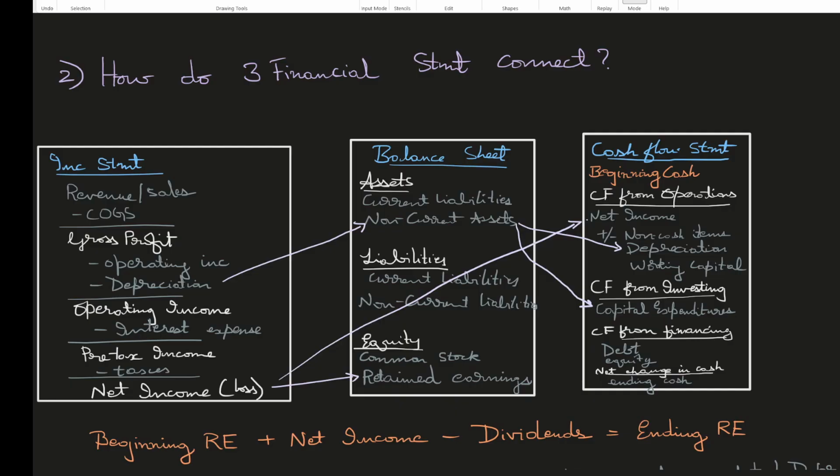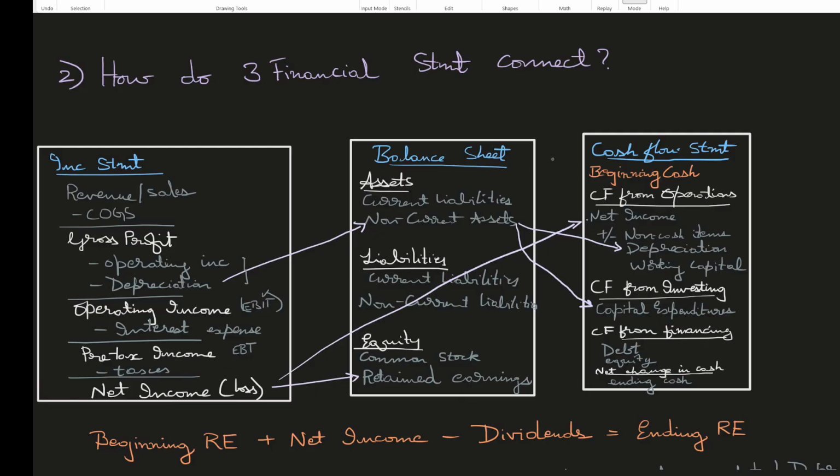And further subtracting operating expenses and depreciation, you get the operating income, that is nothing but EBIT. And when you further subtract interest expense, you will get the pre-tax income, EBT. And if you subtract the taxes, then you get the net income.